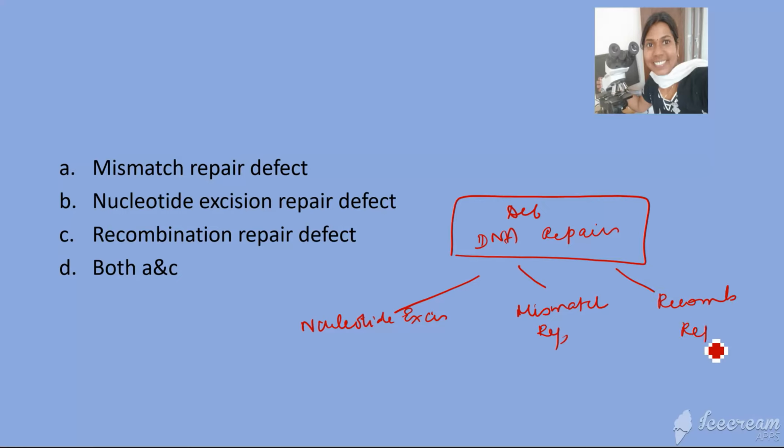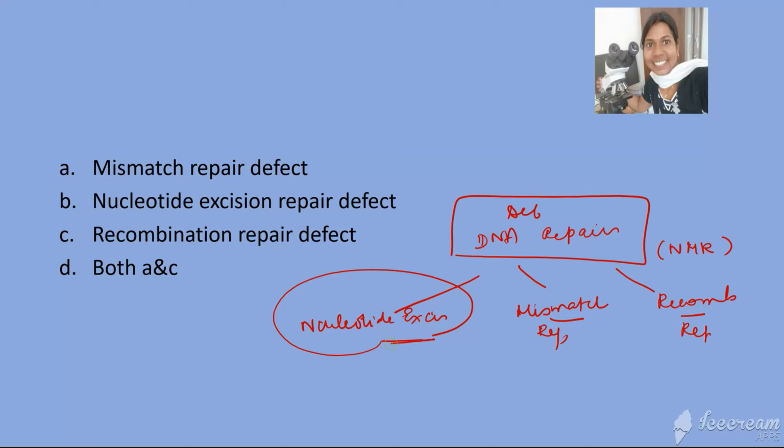Okay, so you can remember it as NMR: nucleotide excision, mismatch repair, and recombination repair. So whenever your DNA has got some damage, it has to repair. If it's not repairing, then we say that there is some defect in DNA repair.